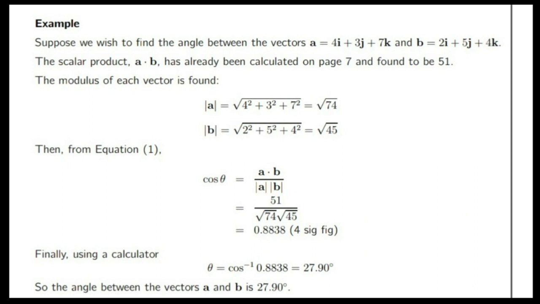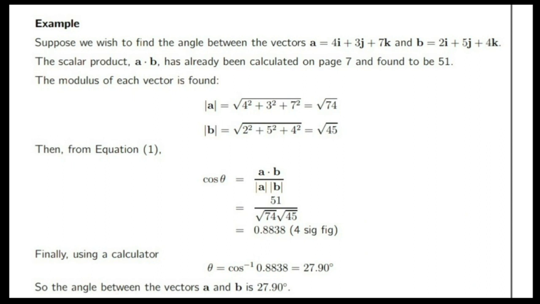So cos theta we will have A dot B by AB. Now A dot B will be 4 into 2 plus 3 into 5 plus 7 into 4, which is 51. So we have 51 by root 74 into root 45 as cos theta.